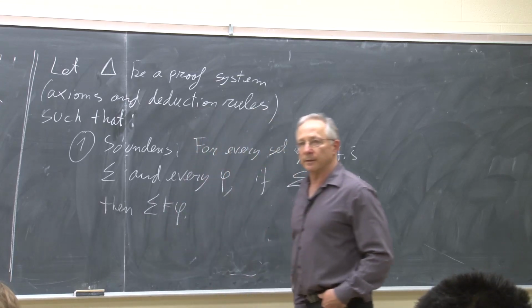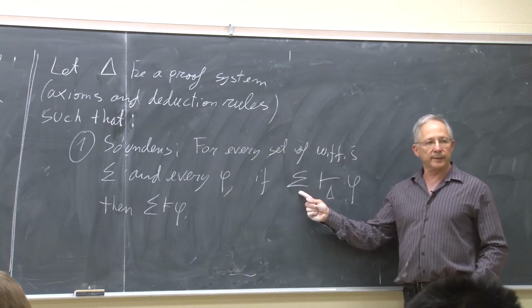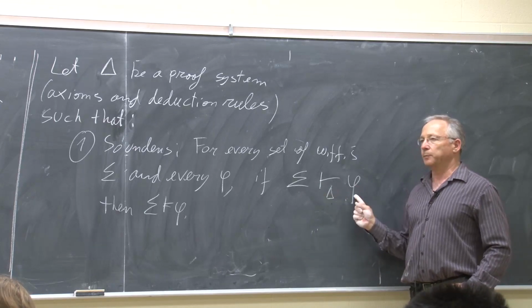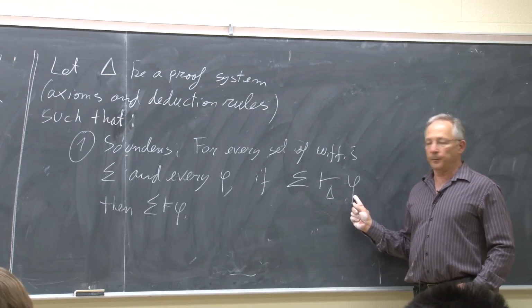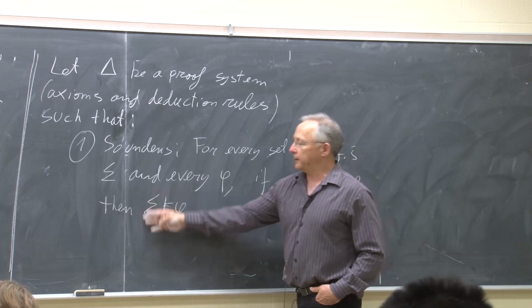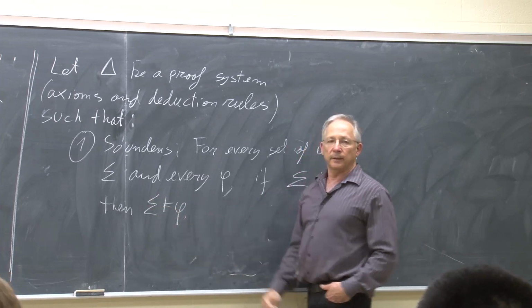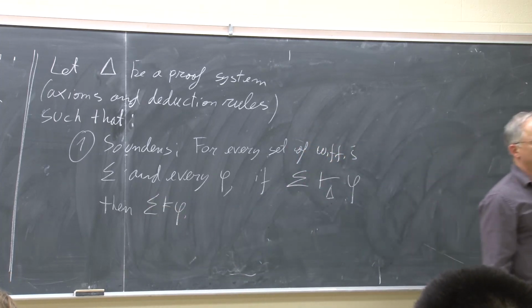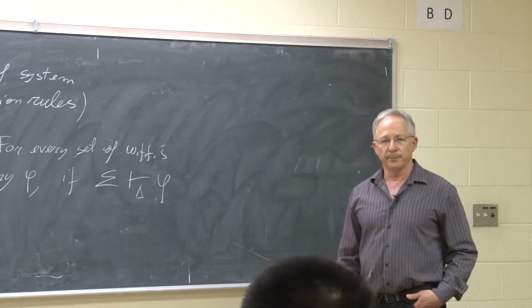So this is soundness. If from the assumption sigma, using my proof system, I can prove phi, it means that every structure that satisfies sigma should also satisfy phi. This is the same soundness that we had in propositional logic. Okay?